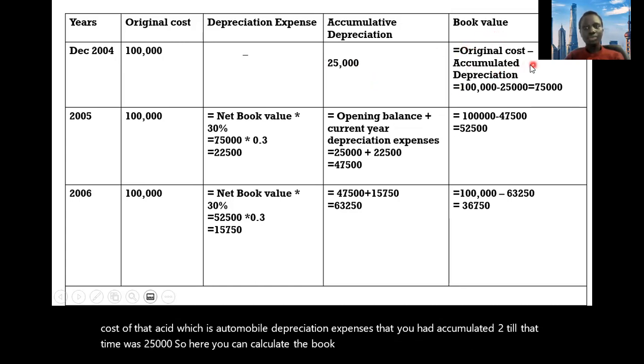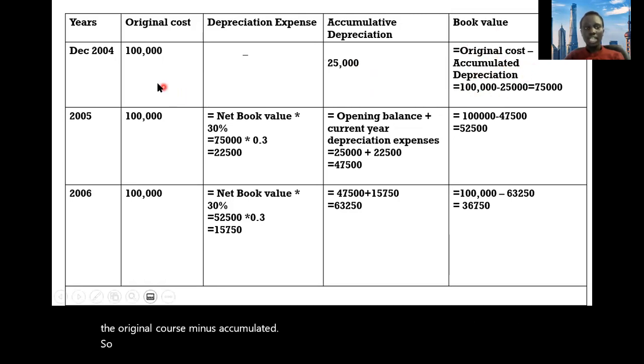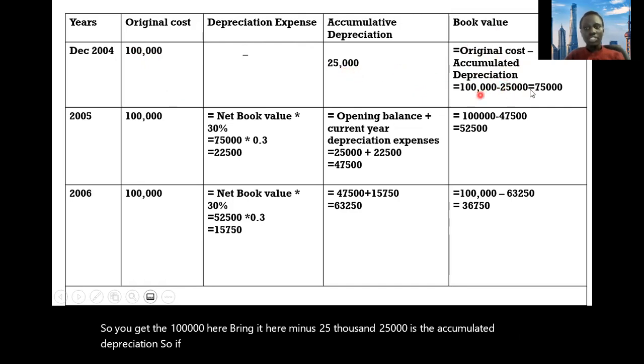As I said before, it is the original cost minus accumulated depreciation. You bring the 100,000 here, minus 25,000, which is the accumulated depreciation. If you find the difference, you get 75,000, which is our net book value.